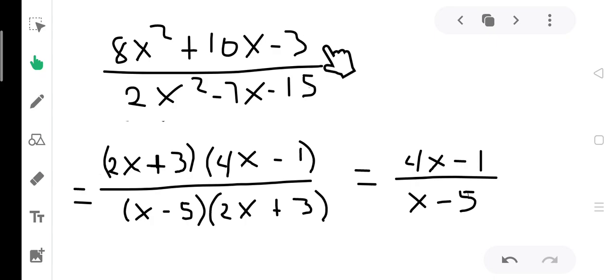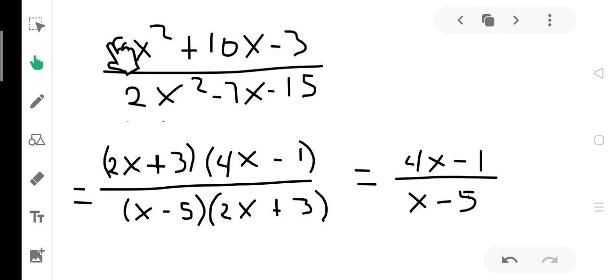The numerator is a general trinomial that has a value of a that is not equal to 1, and the denominator is also a general trinomial with a not equal to 1. In factoring the numerator and denominator, we're going to make trial and error in such a way that all the terms in the trinomial must be satisfied.